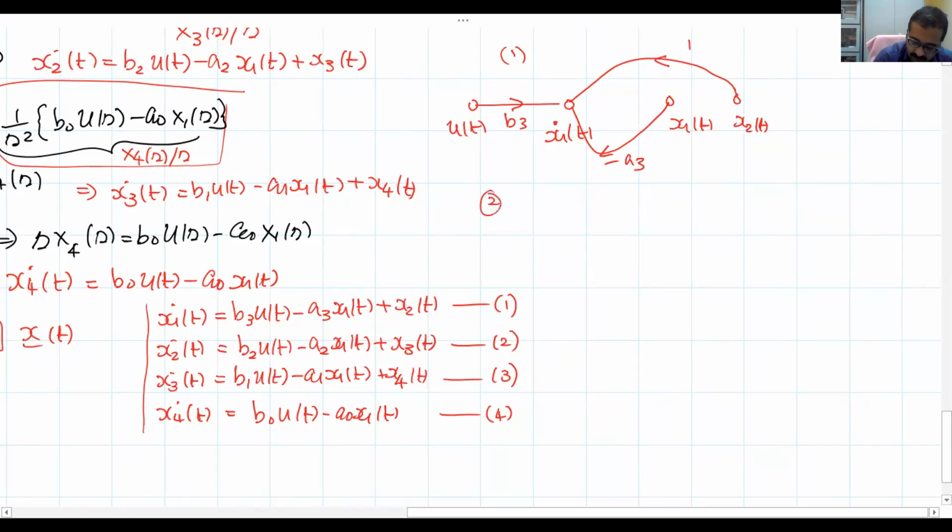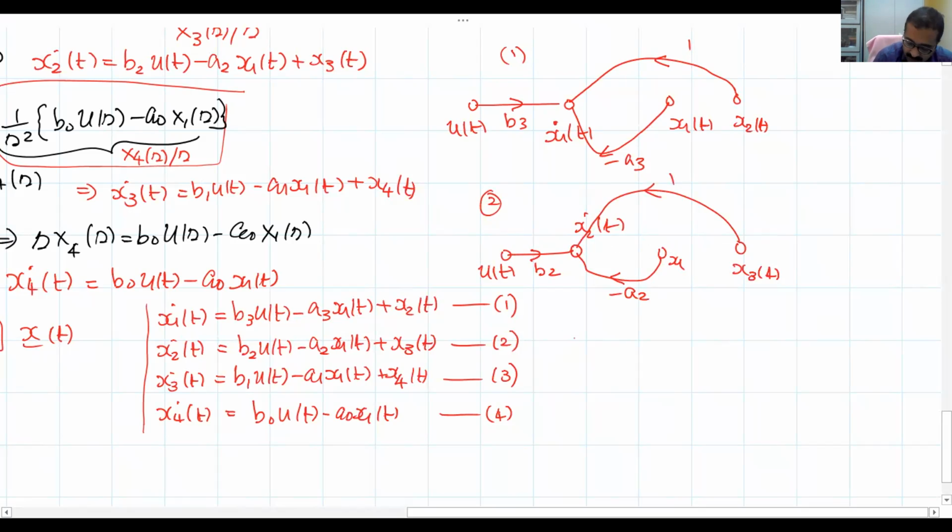Now, second equation, what will you get? Again, there should be an input signal u of t with a gain of b2. So this must be your x2 dot t. Then there must be a gain from x1 at a gain of minus a2. Then there should be a branch from x3 of t with a gain of 1.